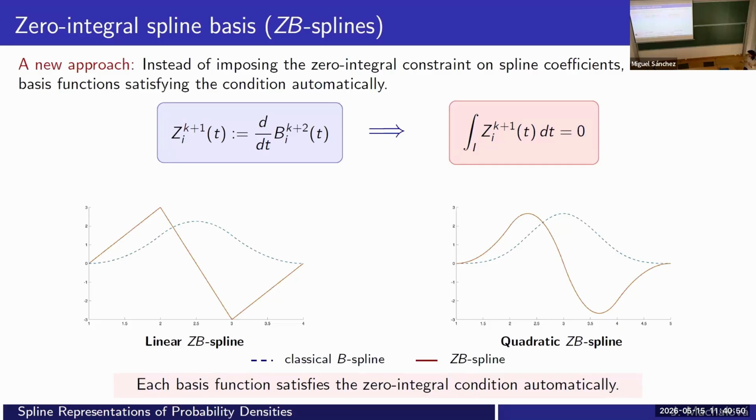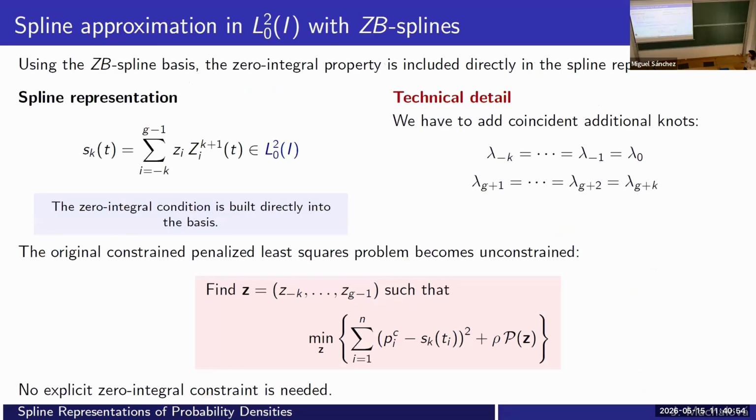So we use it then for approximation of density function. As I mentioned, we use ZB spline, and we express the spline as a linear combination of ZB splines. So it means that immediately by this expression, the spline belongs to L2 zero space. But what is very important to say, that in this case, we have to have coincident additional knots.